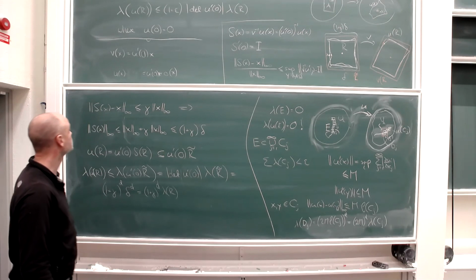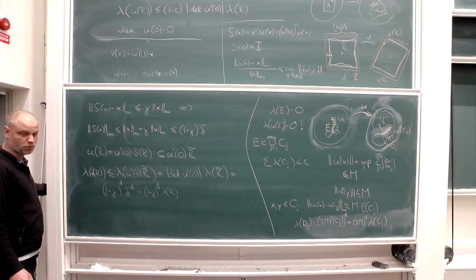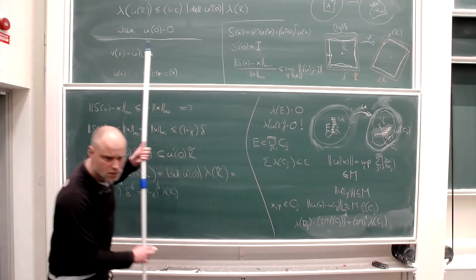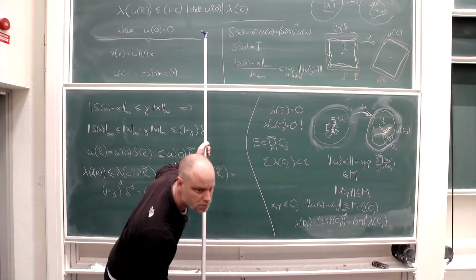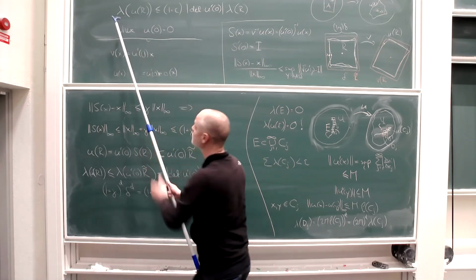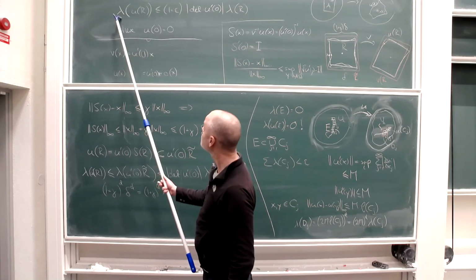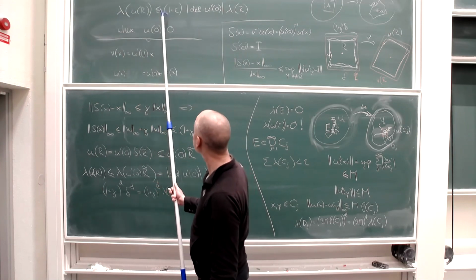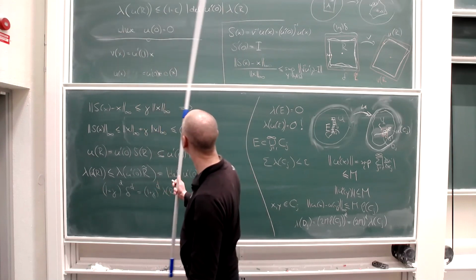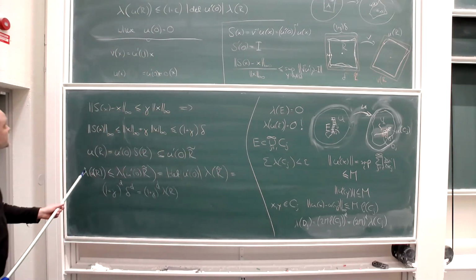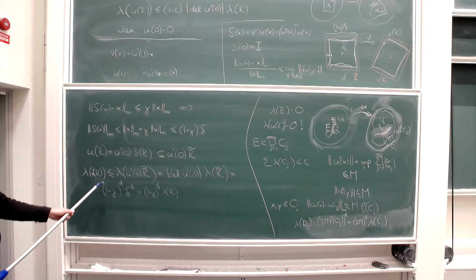And now we're done, right? Because what we wanted, is it still visible here? Probably, yeah. This one, right? What we wanted was to prove that this is less than 1 plus epsilon times this. And what we have on the left-hand side is precisely that.